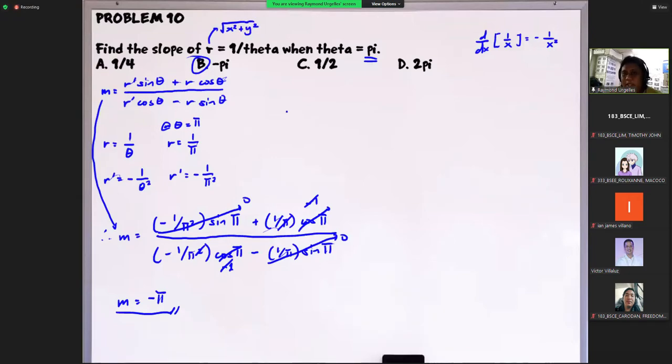This comes from the right triangle, where this is theta, this is y, this is x, this is r. So r is the square root of x squared plus y squared, and theta is arctan of y over x. That makes the equation very complicated, so it's better to use our formula for polar curves. Any questions for this part?